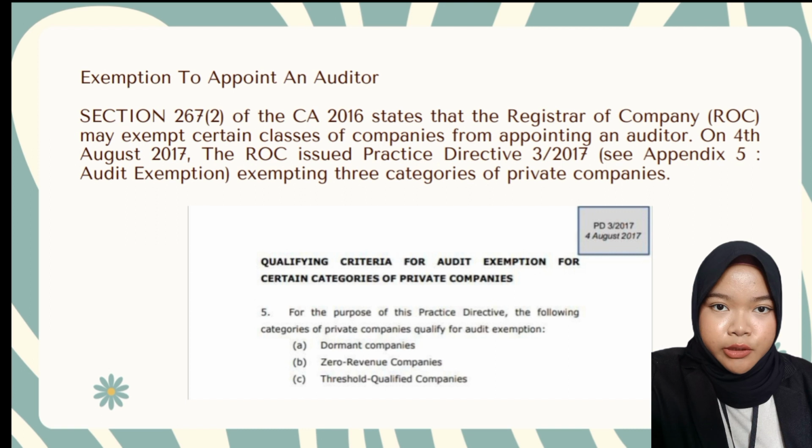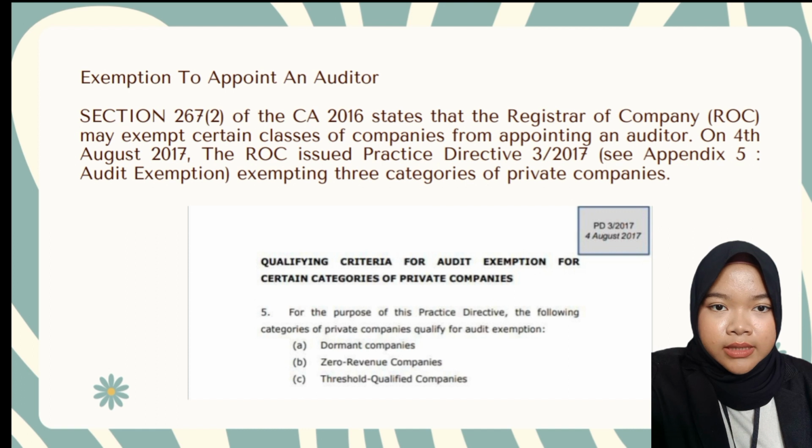It is the exemption to appoint an auditor. Section 267, subsection 2 of the Companies Act 2016 states that the Registrar of Companies (ROC) may exempt certain classes of companies from appointing an auditor.